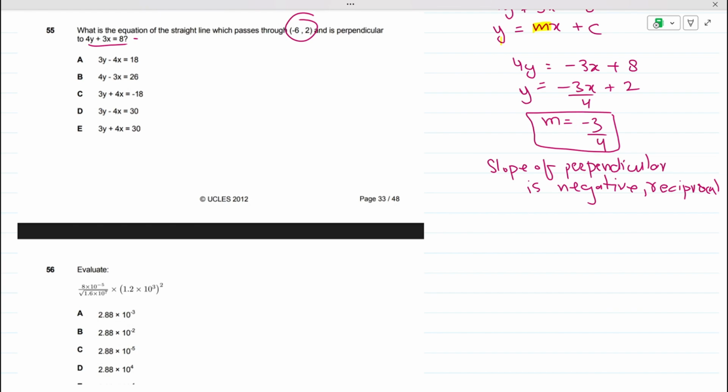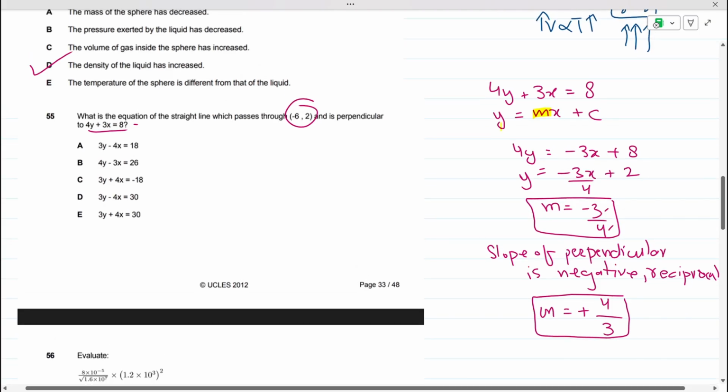When I take the negative of it, it becomes positive, right? Negative, negative, positive. And if I take the reciprocal of this value, my numerator 3 becomes the denominator, and my denominator 4 becomes the numerator. So the slope of my new line that is perpendicular to this given line is 4 by 3.